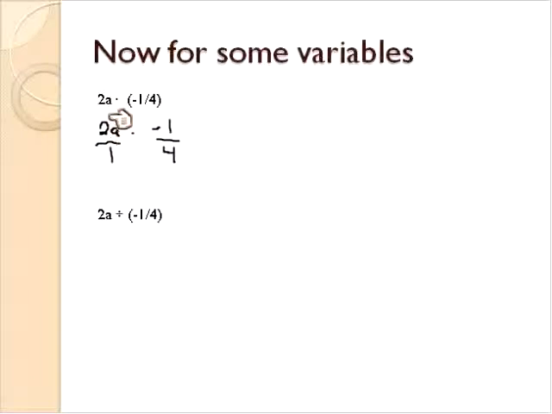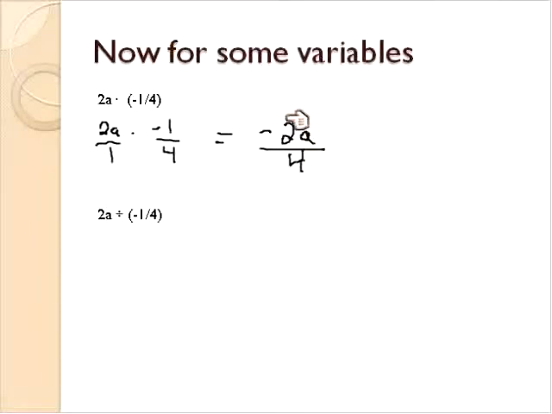If you don't write this, you should understand that you can write any number as a fraction by just putting it over 1. Okay? So we can write it that way if it helps us to remember. But 2a times negative 1 is equal to negative 2a. And 1 times 4 is 4. And then we will simplify this fraction.